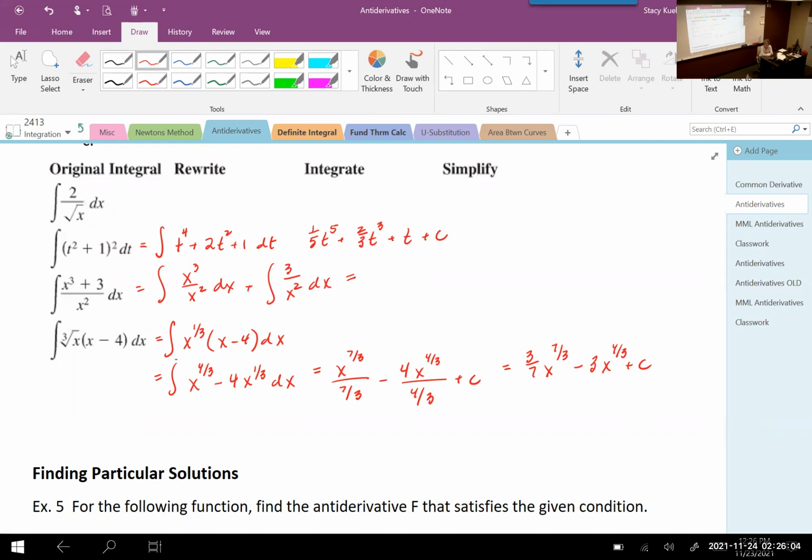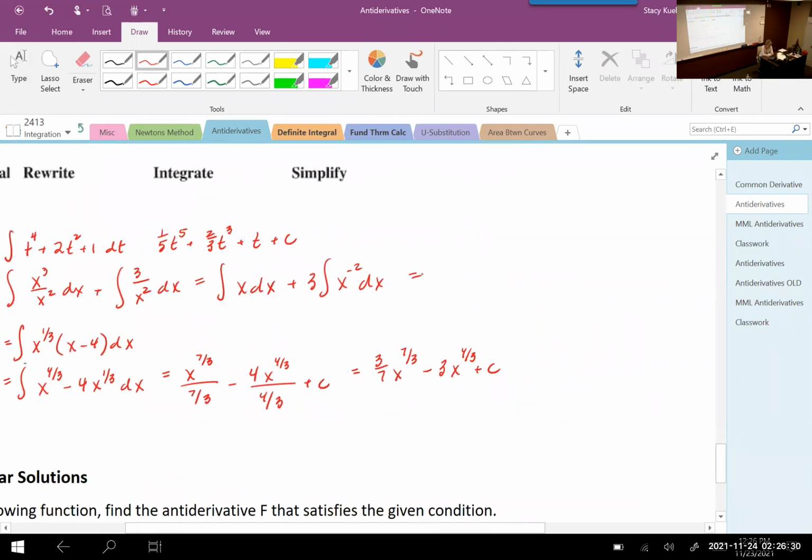Simplify it so I could get the integral of x dx plus 3 times the integral of x to the negative 2 dx. Right? Okay.